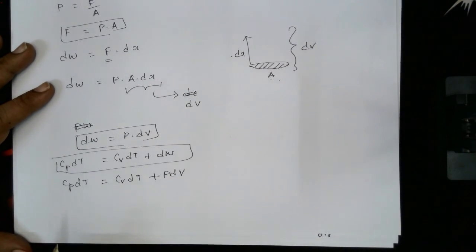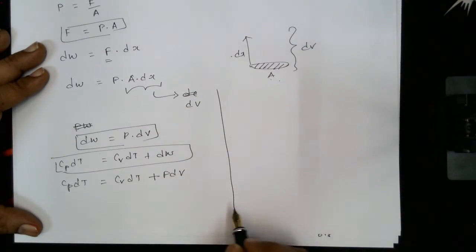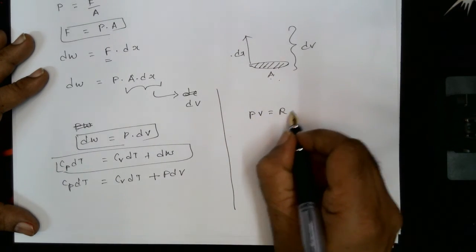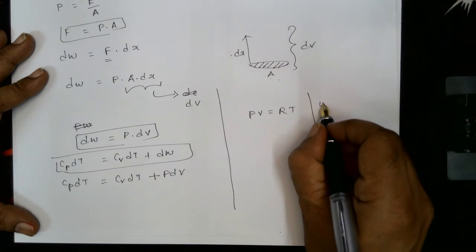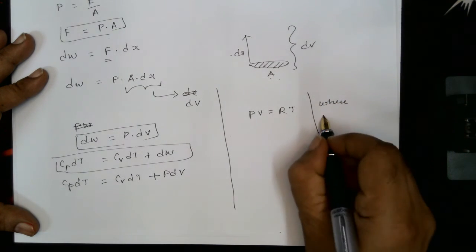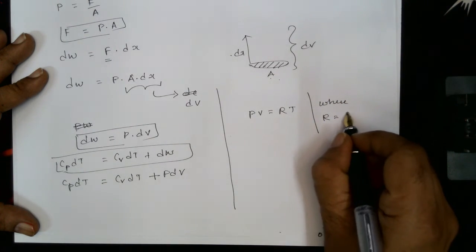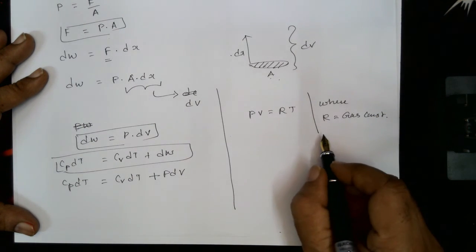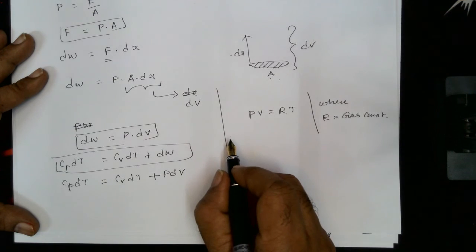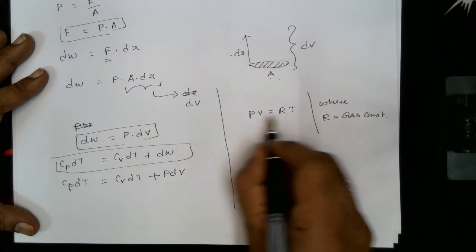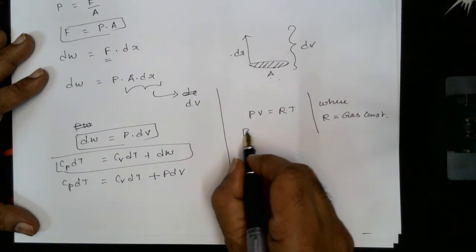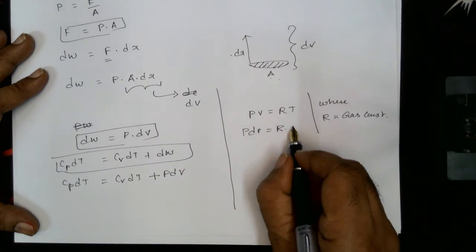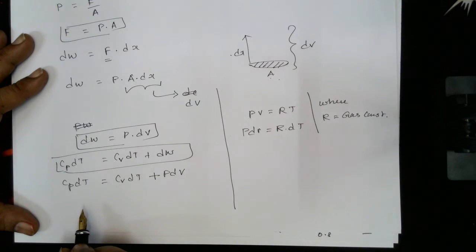Do you follow? And according to the ideal gas equation, PV is equal to RT, where R is gas constant, T temperature, and now we can differentiate this. So p dV is equal to R into dt, is it not?